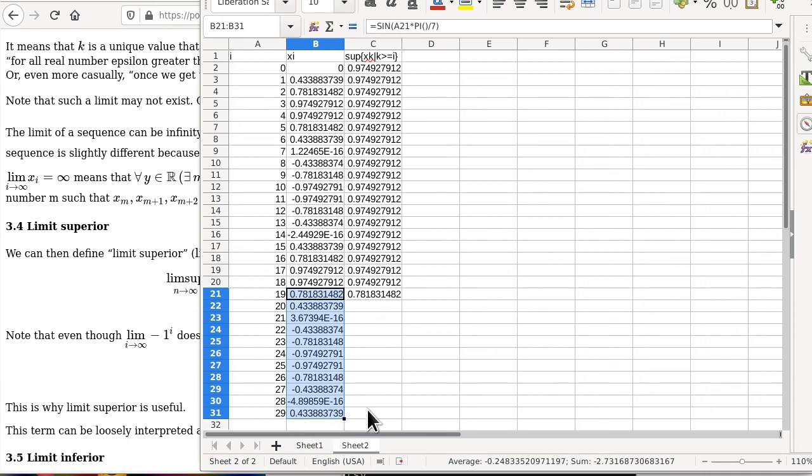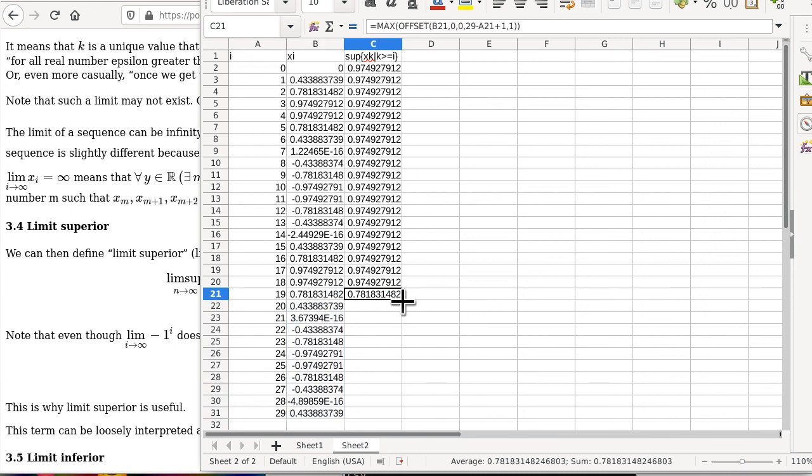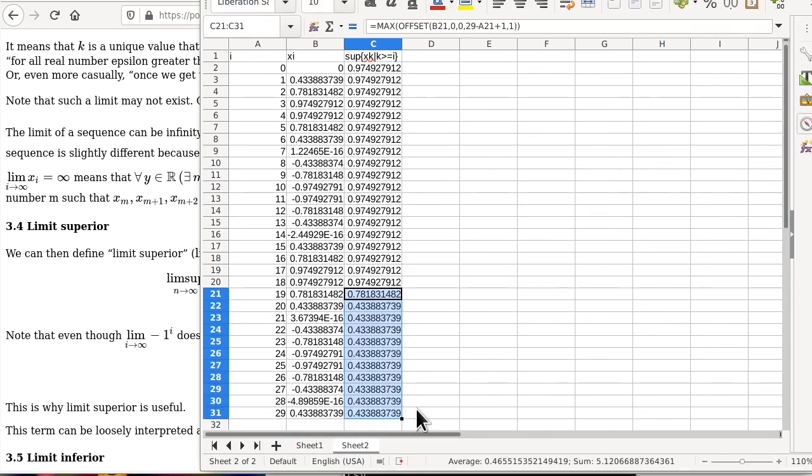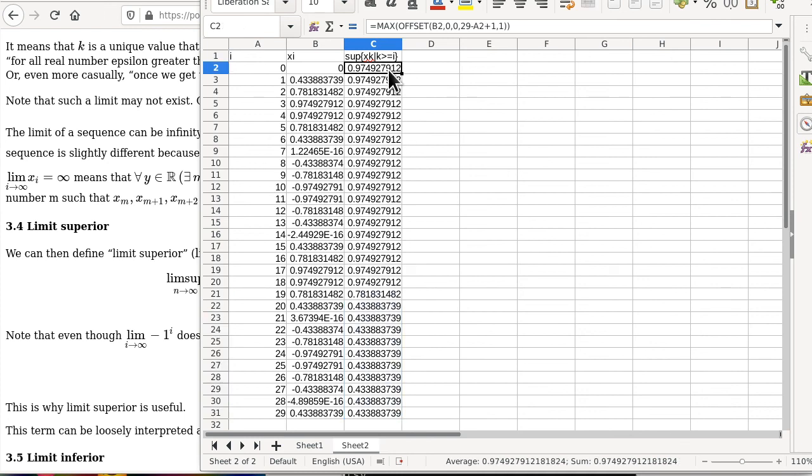So from here on, it is not going to be 0.9749 anymore. This is only because we are not really looking at an infinite sequence. If we were looking at an infinite sequence, then every single one would be of this value.